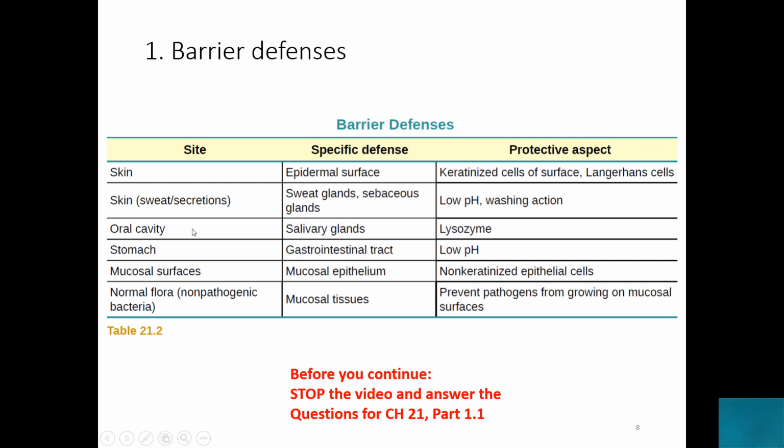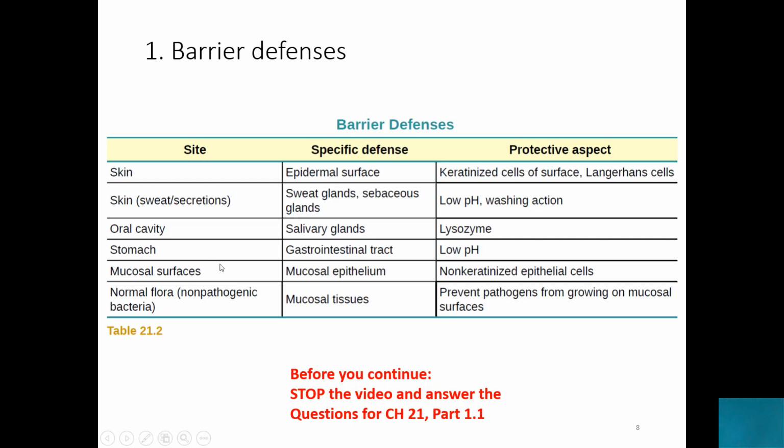In our mouth, in the oral cavity, we have salivary glands producing saliva, which has lysozyme, substance that can kill bacteria. Inside of the stomach of our gastrointestinal tract, we have hydrochloric acid with very low pH, so if we swallow any pathogens, that acid will kill them.